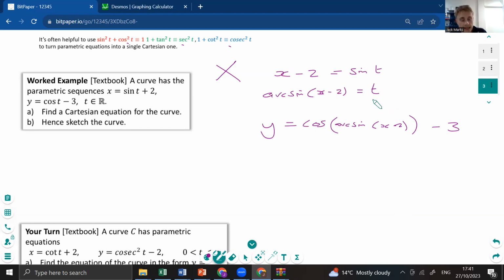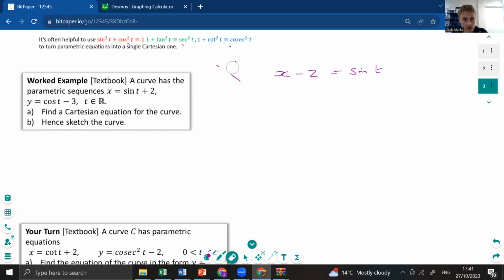So trying to get t on its own is not going to be the way forward for these ones. What we're going to do is stop at this point here. So x minus 2 equals sine t. And at the same time, let's rearrange the other one. So it says y plus 3 equals cos t.